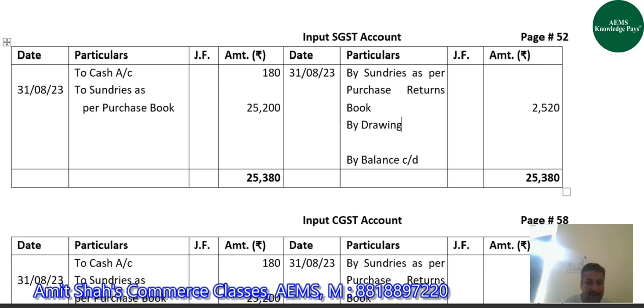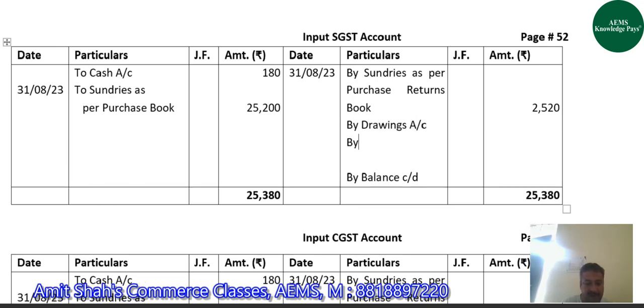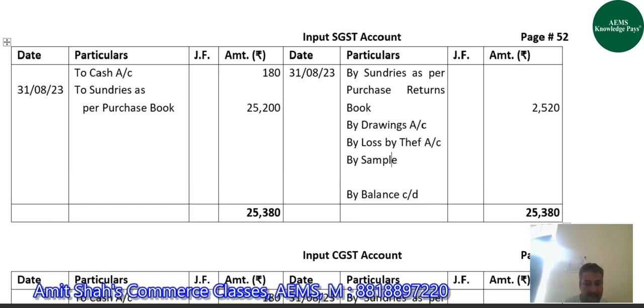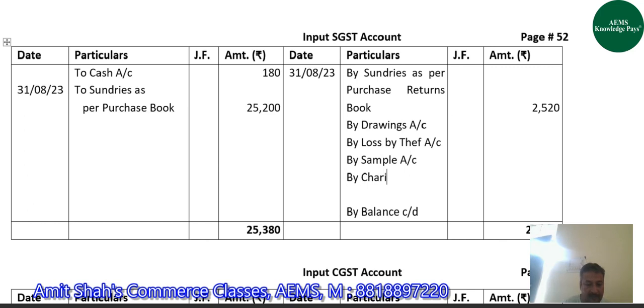And here also we may have these items. These are also coming from the journal proper book.